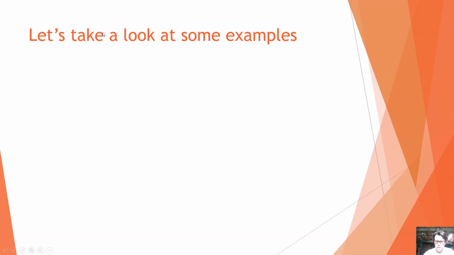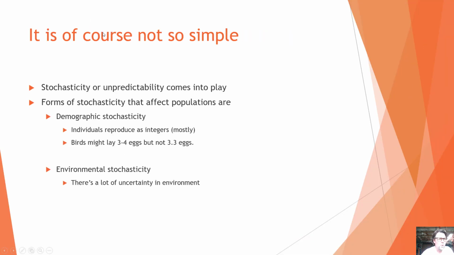All right, so of course it is not that simple. The idea of there being no chance is typically never the case in nature, and so there is stochasticity, or unpredictability, that comes into play, and we can build that into the models.